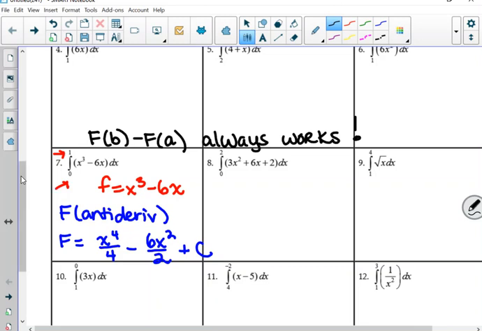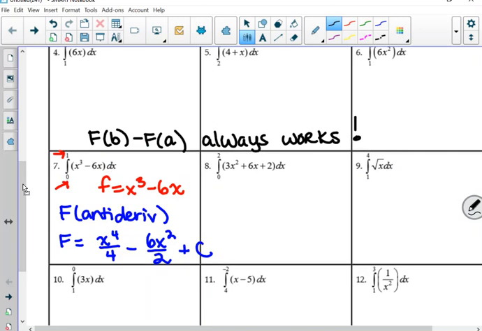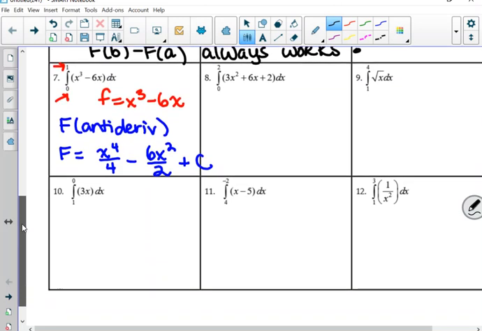And I'm going to show you that with problem number 10. I like problem number 10 because we can actually do number 10 with geometry also. My little f, or f of x, is 3x.